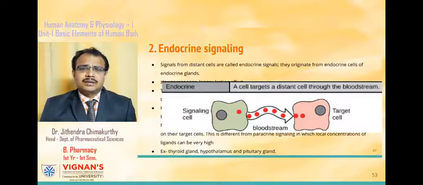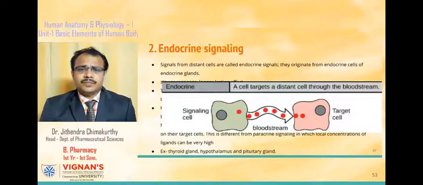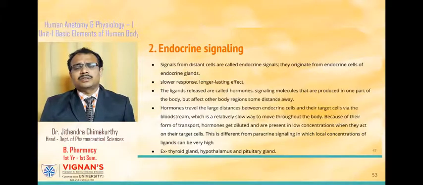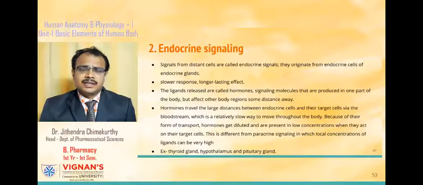Endocrine glands secrete these hormones, and these hormones travel slowly through the bloodstream and reach the target glands to produce their effects. The response can be categorized as slow but long lasting, whereas the response in paracrine signaling is quick but of short duration, because the ligands involved in processing the information are degraded there in paracrine signaling.